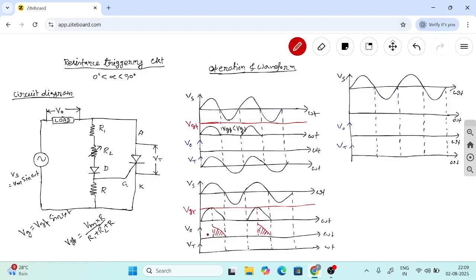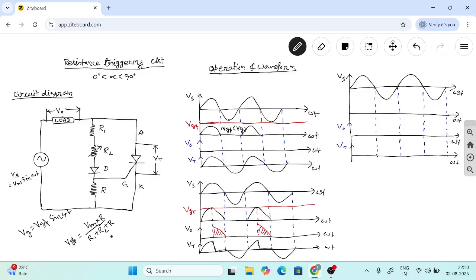Voltage appears across the thyristor during off period, and whenever turn on happens it becomes 0, then again we'll get negative voltage. Then again during off period, it becomes 0, like this.